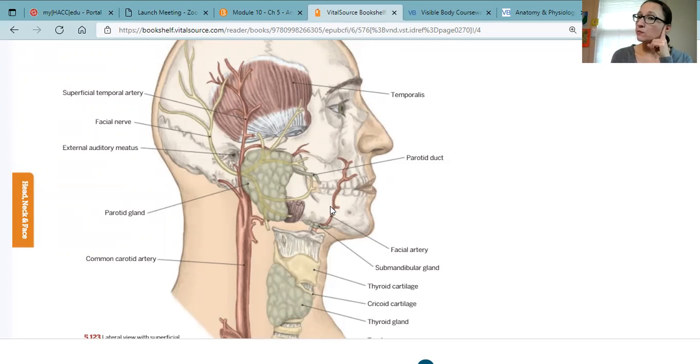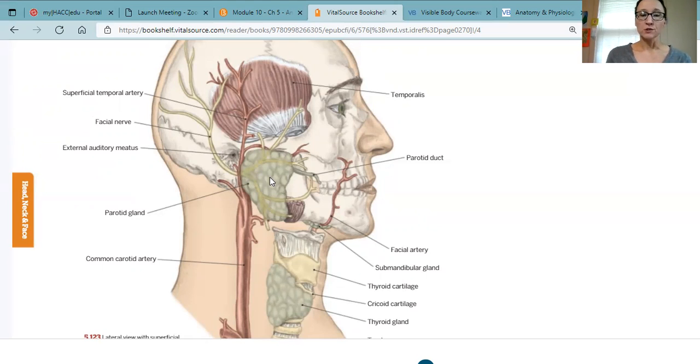You don't want to be high up next to the ear here. You want to stay on the ramus of the mandible. You can move all the way up to the zygomatic bone, but again, you need to stay towards the front of the face, not towards the ear, because you can press on the facial nerve there. And it'll send a bit of a zing if you hit it, okay?